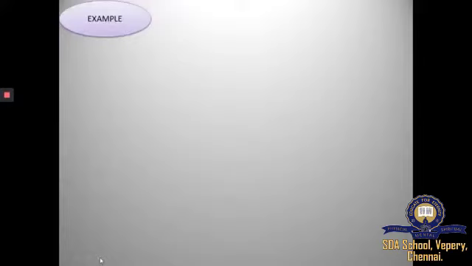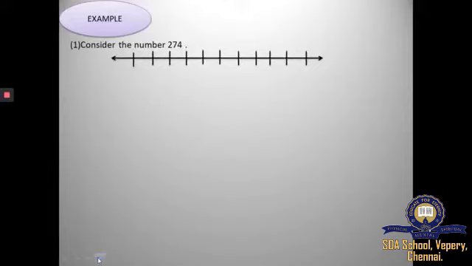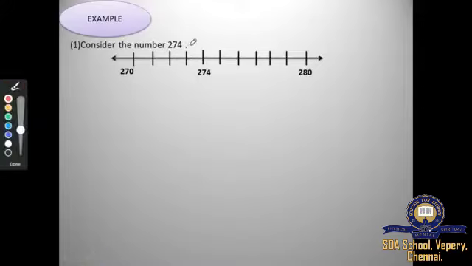Example, consider the number 274. If we plot this number on the number line, we find that 274 lies between 270 and 280. If you look at the digit in the ones place, we have 4, which is less than 5.